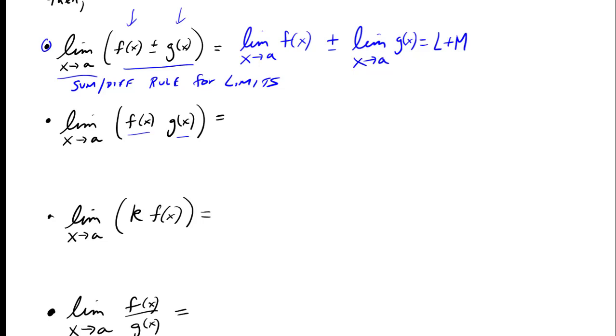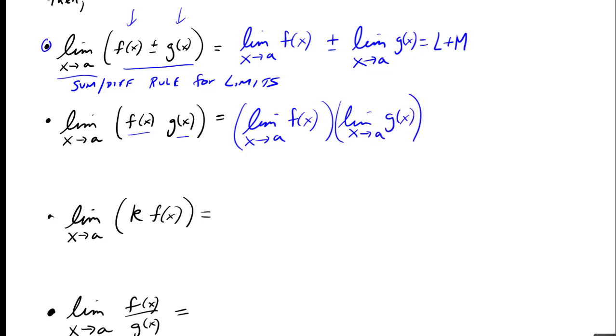And in this case, since they both exist, we can. The limit as x approaches a of f of x times the limit as x approaches a of g of x, or in other words, L m. Okay, and this is the product rule for limits.